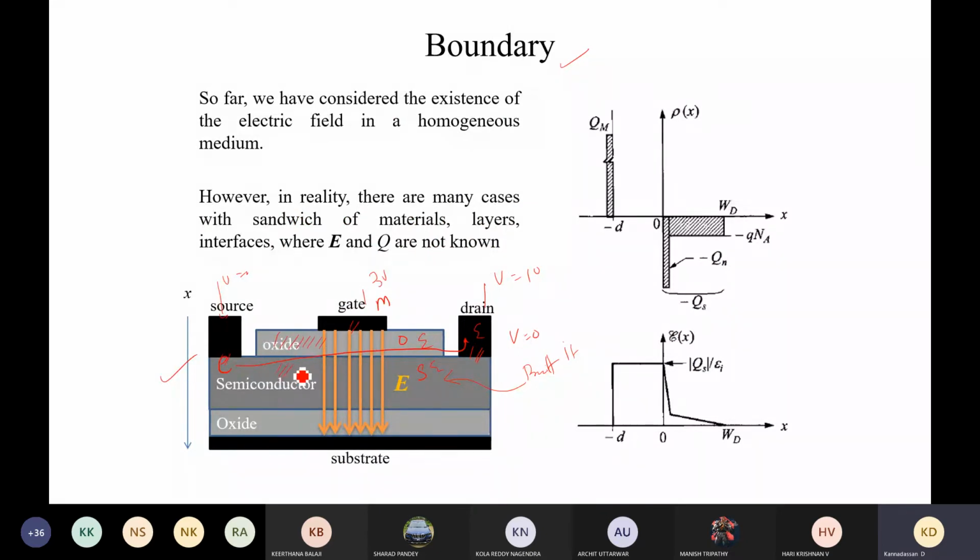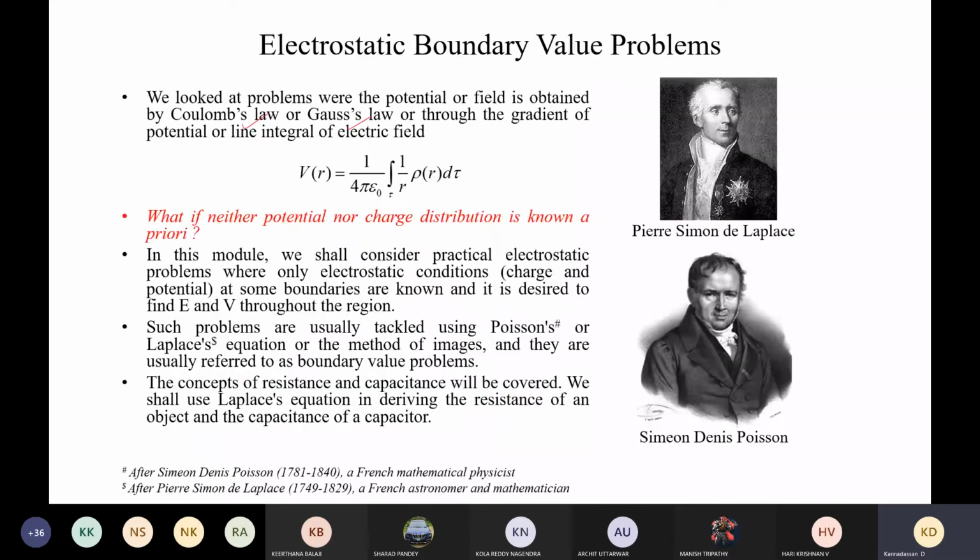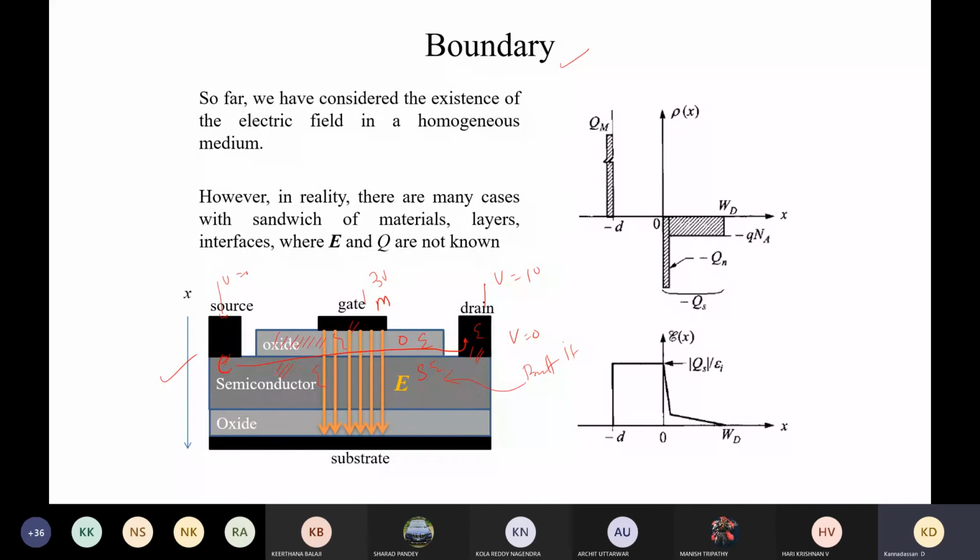But in case of semiconductor, it is a dielectric material plus it has charges. It may be positive type or P type or N type. It is a semiconductor, so it will have charges. So here we have to apply the Poisson equation, and there we have to apply the Laplace equation.